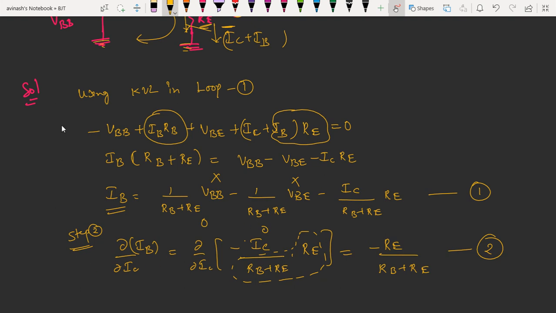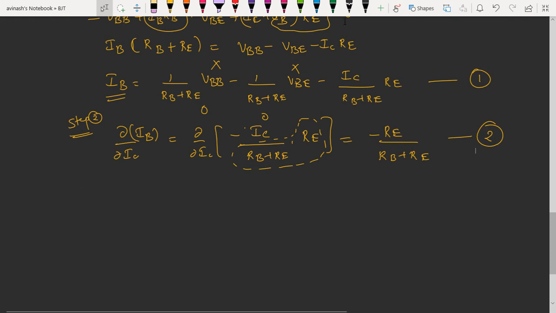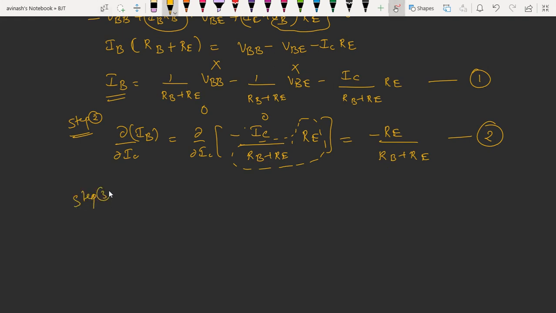Then step number 3: after finding dou IB by dou IC, substitute the value in the stabilization factor, 1 plus beta divided by 1 minus beta times dou IB by dou IC.